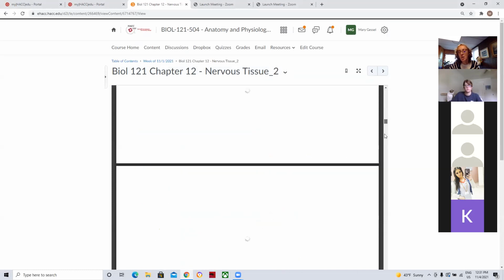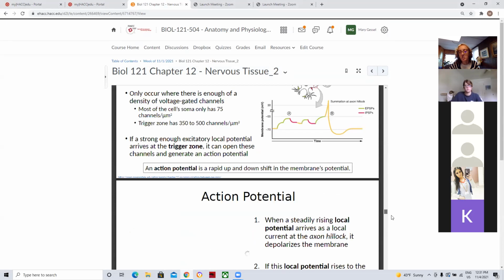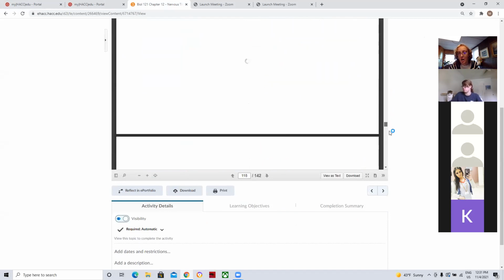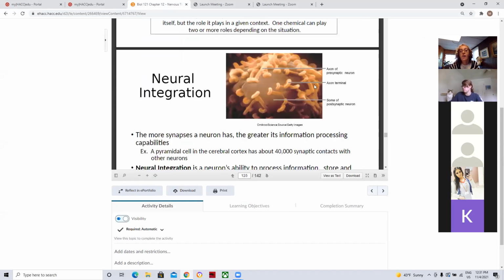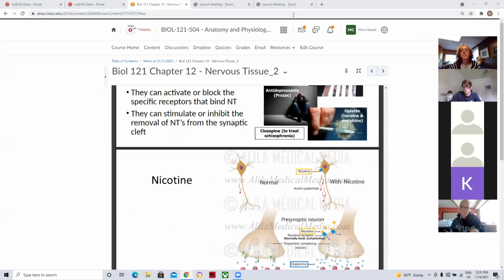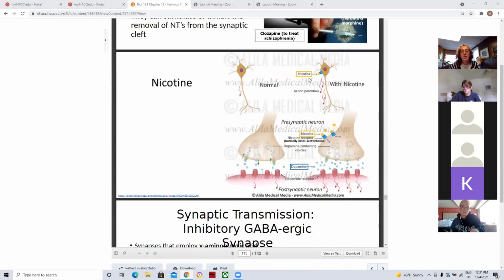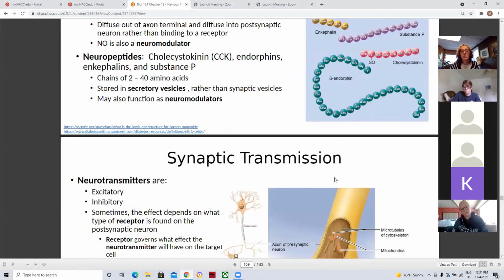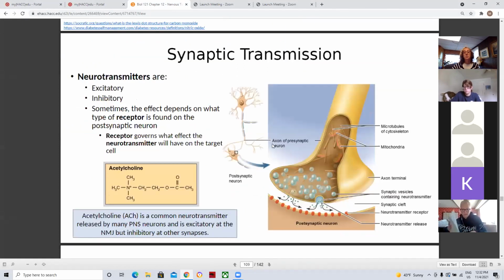We will see that chapters are going to start going faster as we go. Synaptic transmission.